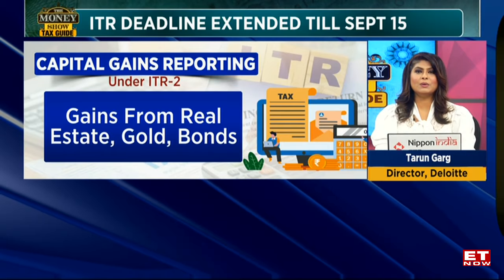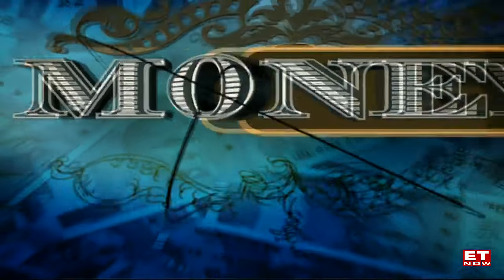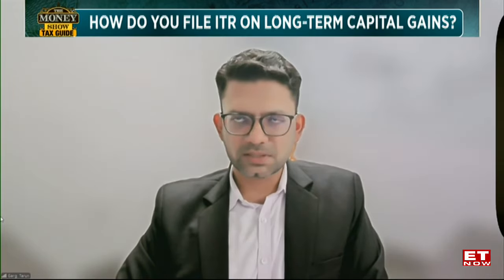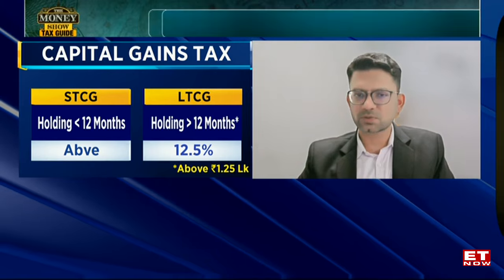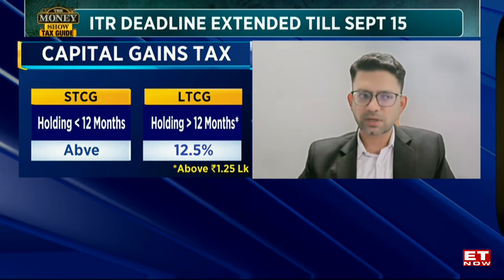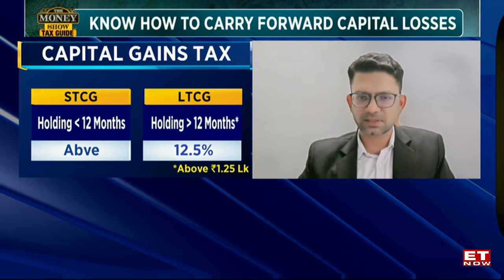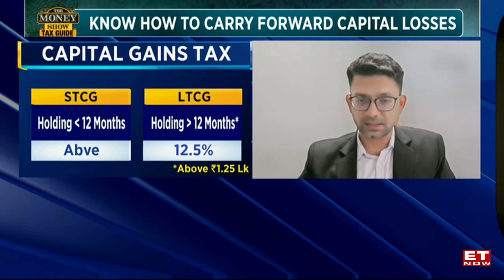All right, so now let's understand, how do I file capital gains from stocks or mutual funds in the ITR, and how about capital gains from selling property or gold? Kavita, up until now, for financial year 23-24, there was no provision to report capital gain income under ITR 1.